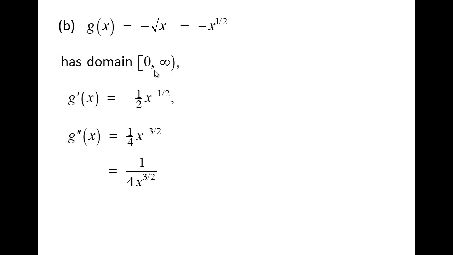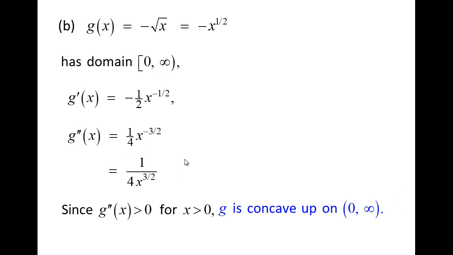Now, if x is in between 0 and infinity, that is, if x is positive, then clearly g double prime of x is positive, and as a result we see that g is concave up on the interval from 0 to infinity.